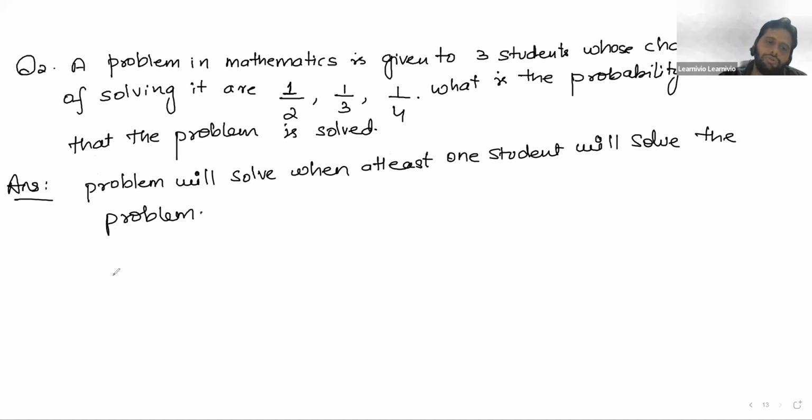Okay, so you need to find the probability that at least one student will solve the problem.